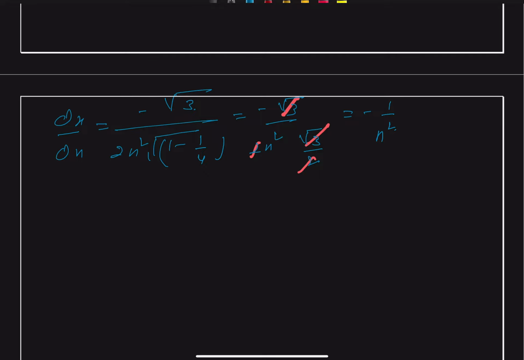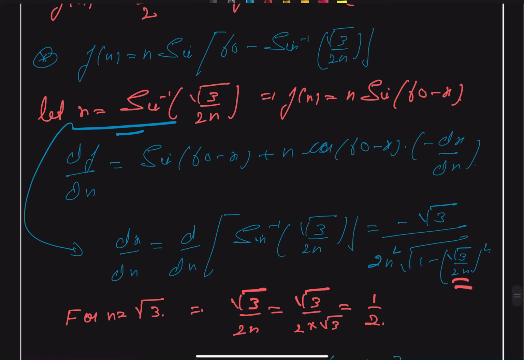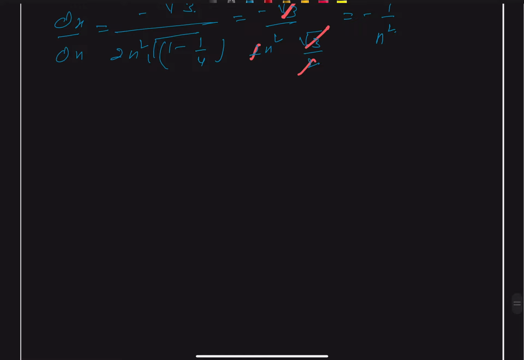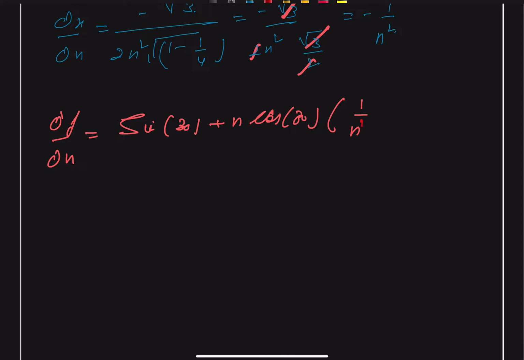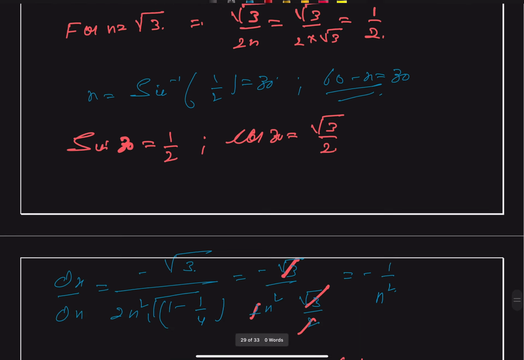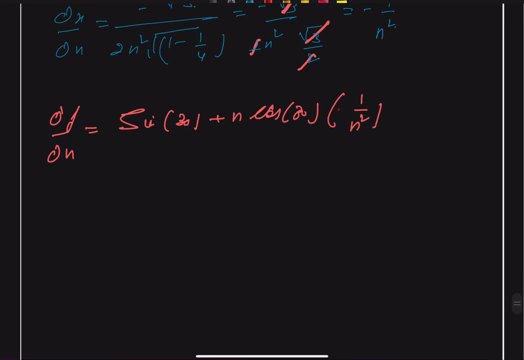Now we can substitute everything in this particular equation. So we get df/dn equal to sine of 30 plus n cos of 30, times this 1 upon n squared. Yeah, minus was there, so this becomes plus 1 upon n squared.